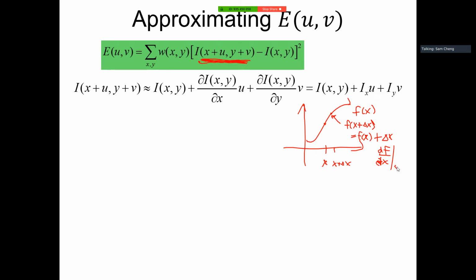So anyway, if it's 2D, I can do the same Taylor series expansion, but then I have two directions: going in the x direction and going in the y direction. So I will have something like that.